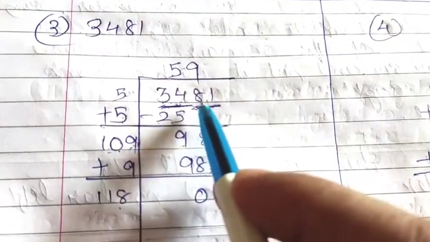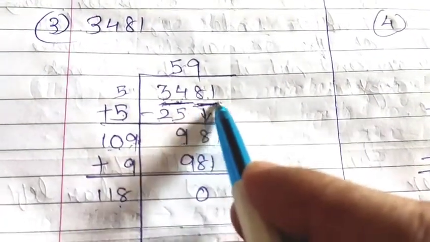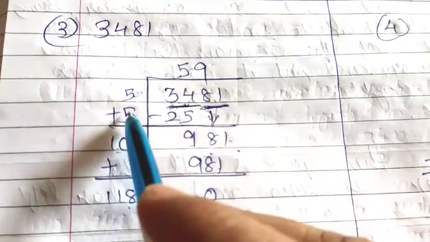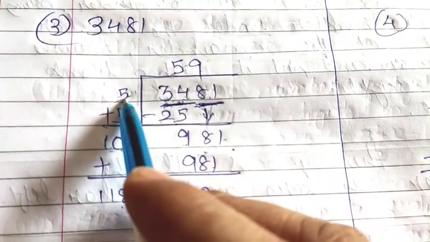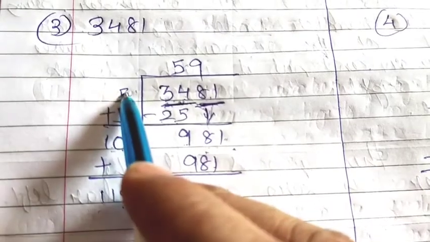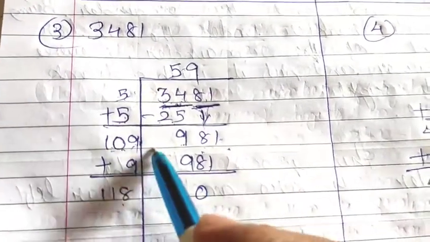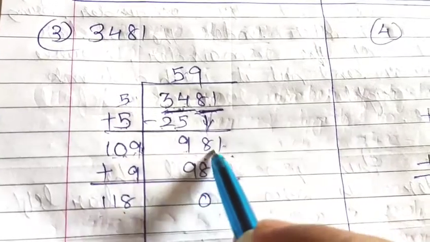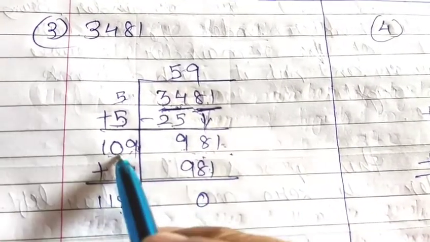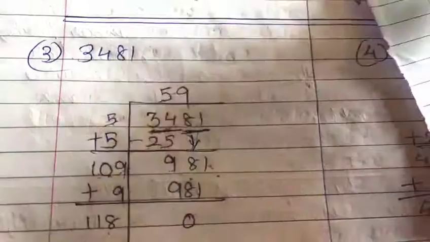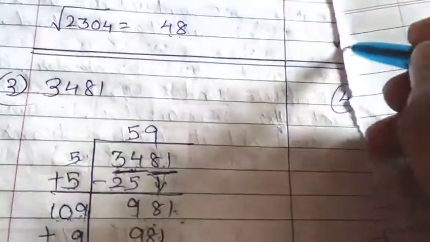Then bring down the number in the next bar, that is 81. Then whatever value you have taken over here, the same value you have to add, which means you have to just double it. So you will get 10. Now dear student, what value will you take over here so that 981 should be divisible? So 109, that is, I had taken 109 should be multiplied by 9.